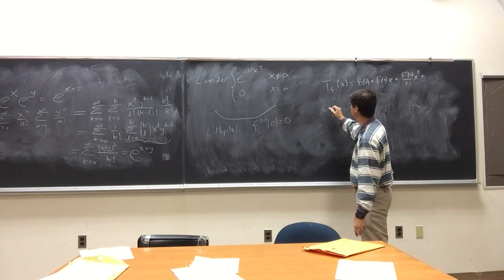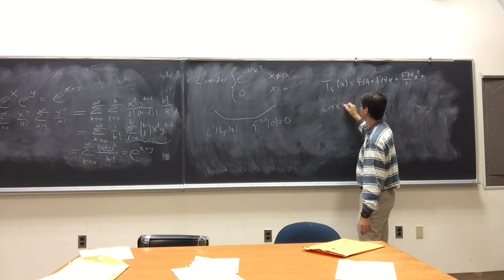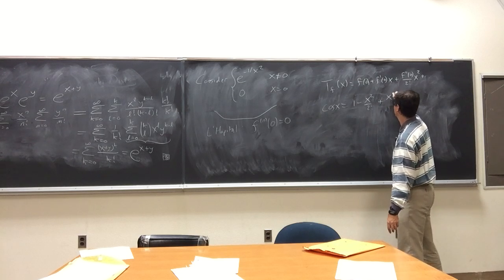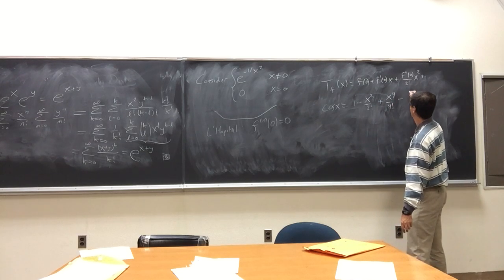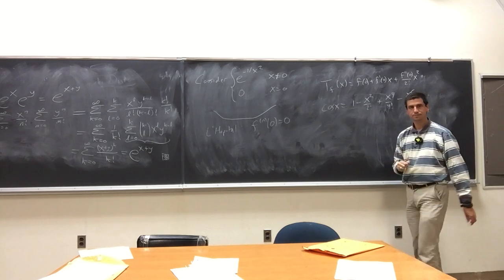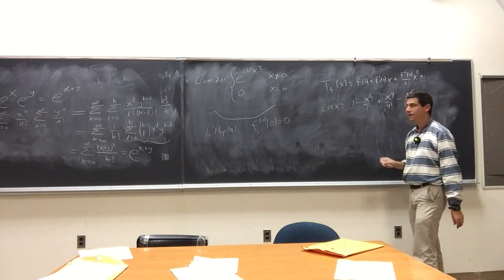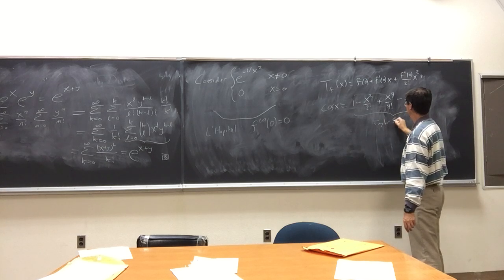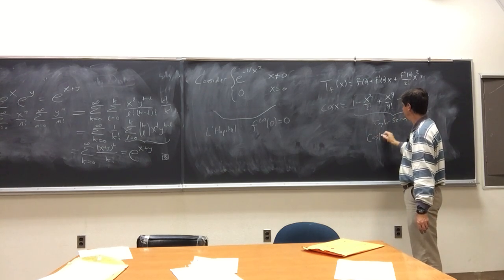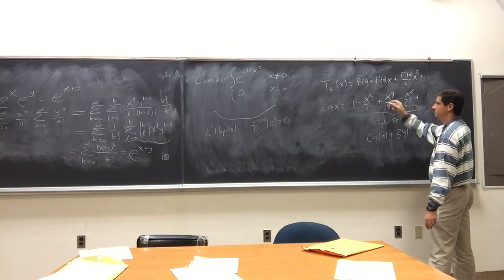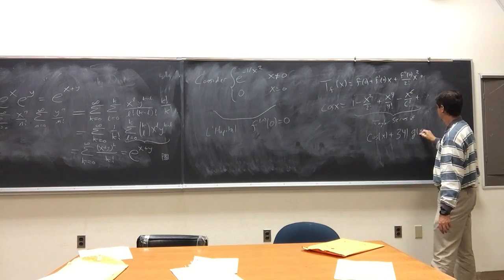So hopefully you've seen cosine of x is 1 minus x squared over 2 factorial plus x to the 4th over 4 factorial minus x to the 6th over 6 factorial. Right? But this would also be the Taylor series of cosine of x plus 341 times our function g of x.